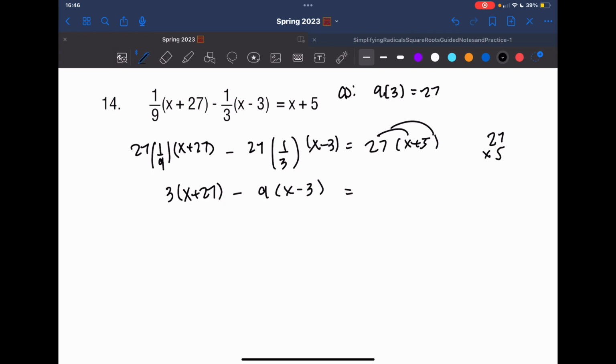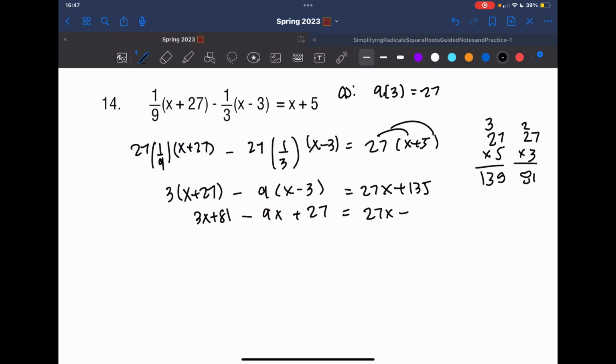So 27 times 5 is 135. 27x plus 135. So then 27 times 3 is 81. So then I'm going to get 3x plus 81 minus 9x plus 27 equals 27x plus 135. Negative 6x plus 81 plus 27 is going to be 108, and then 27x plus 135.